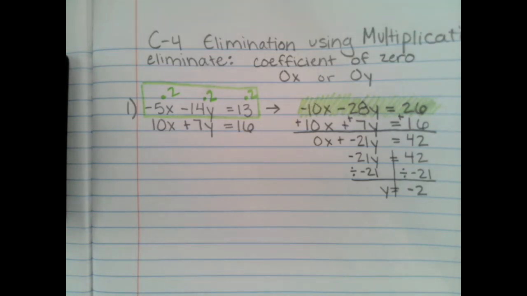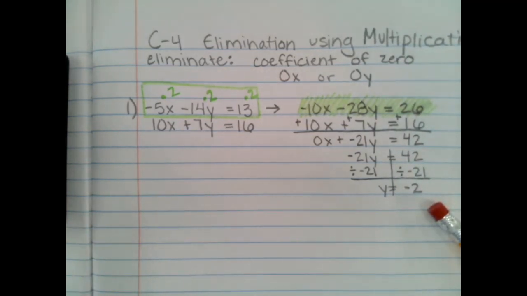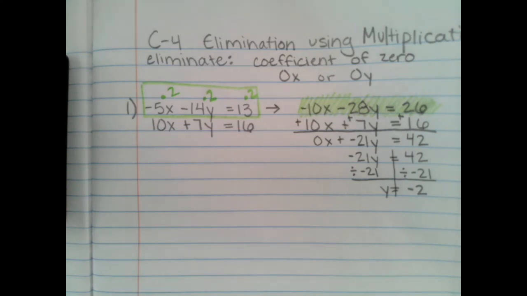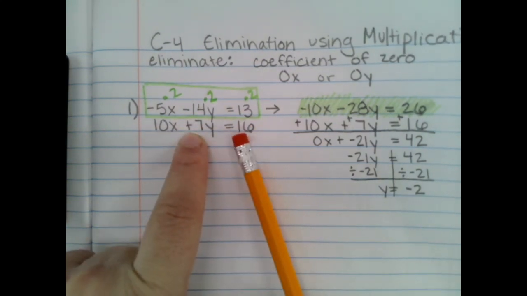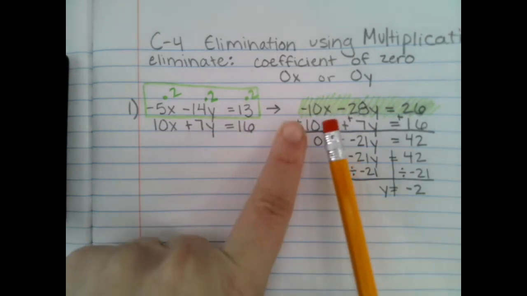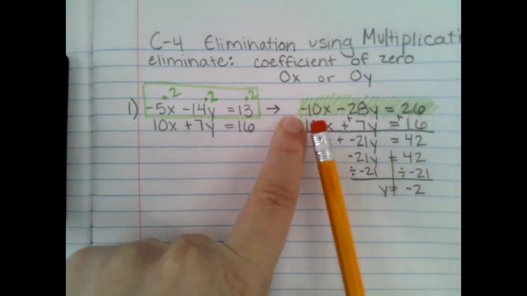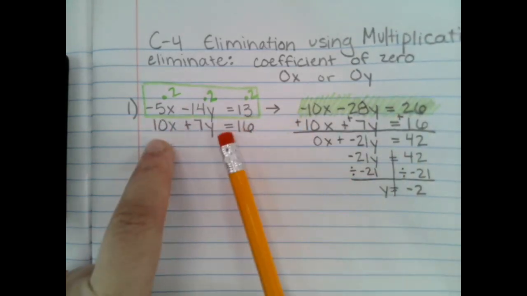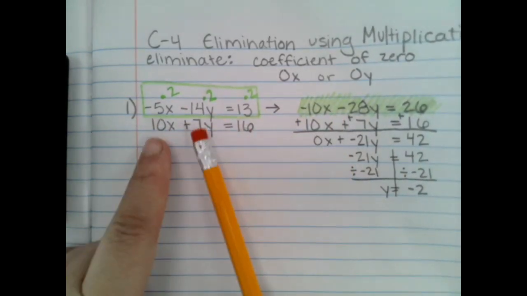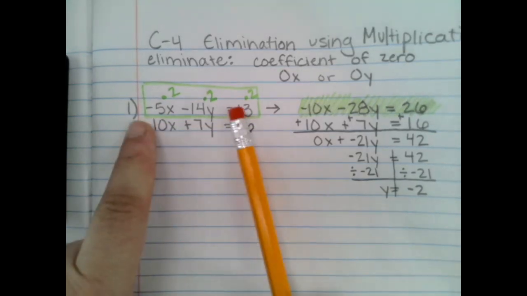All right, now to find the x, we actually have 3 options. We can use this top equation, we can use the bottom equation, or we can even use this new top equation with this negative 10x minus 28y equals 26. You can use any of those 3. Old top. That one has a lot of negatives.